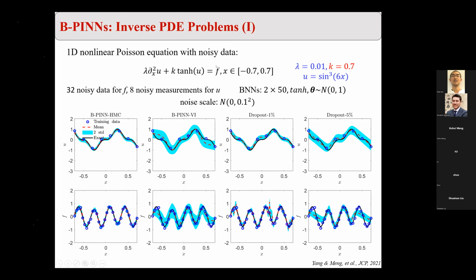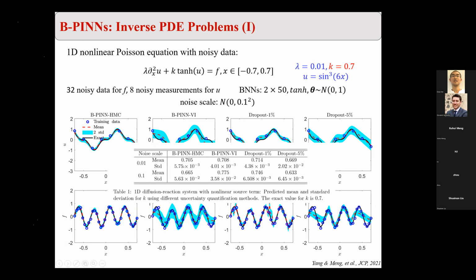In this case, we have noisy measurements on F, and we also have some noisy measurements on U. Here, k is unknown, and we would like to infer the unknown parameter k, given noisy measurements on U and F. The blue points are the training data for U and F. And as we can see, this is the predicted mean, red dashed line, for U and F. In this case, the computational errors between the mean and the reference solution for U and F are bounded by the predicted uncertainty. And this is a prediction for the unknown parameter k here.